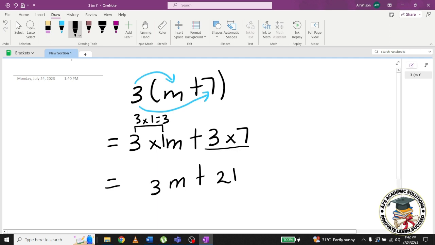So my final answer is 3m plus 21. And you're finished. So again, looking at our pattern here, 3 multiplying m plus 3 multiplying 7. Notice that the 3 is multiplying everything that's in the bracket.